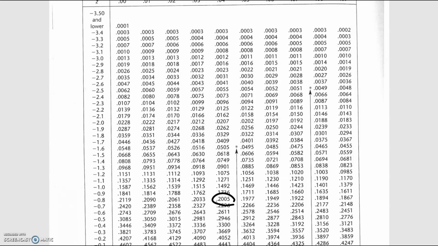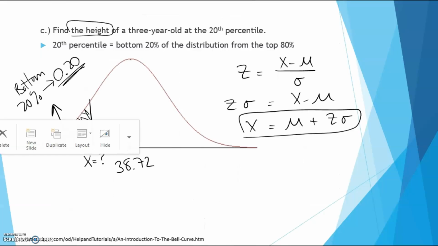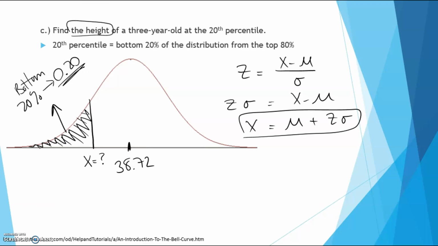This number right here is the closest number to 0.20. So the z-score associated with that one is negative 0.84. Okay, so at this point right here, I have negative 0.84.